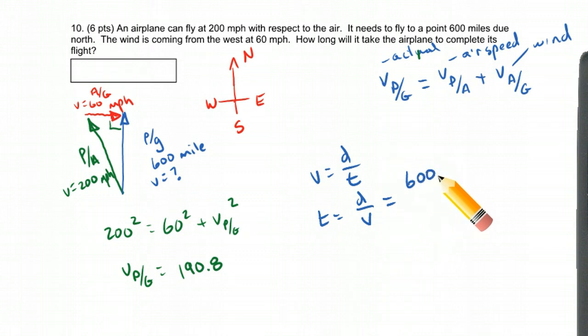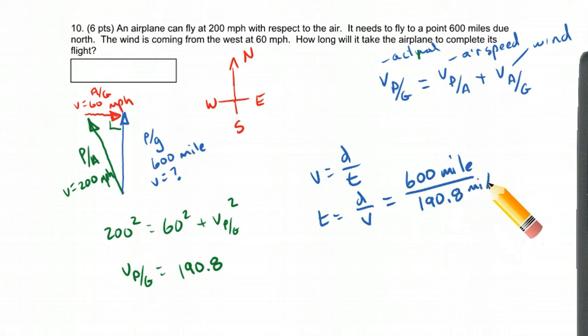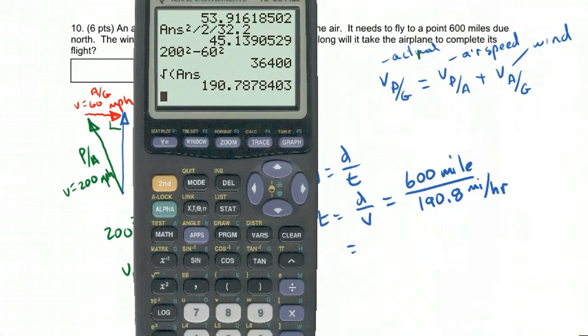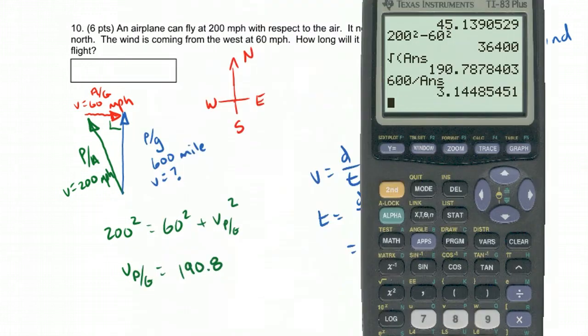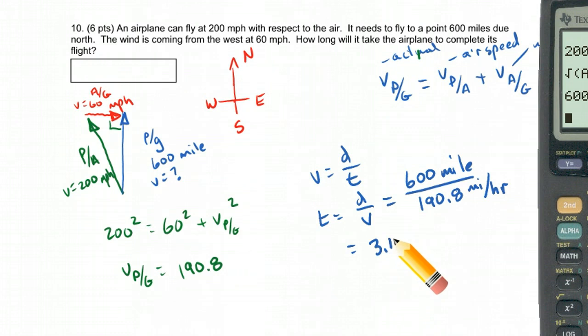So our 600 miles divided by our 190.8 miles per hour. Looks like a little over 3 hours. 600 divided by our answer is 3.14. So that's how long it takes.